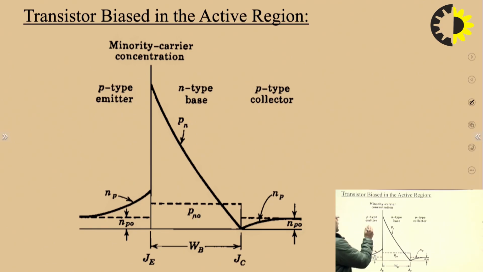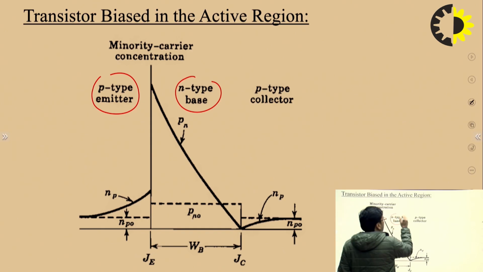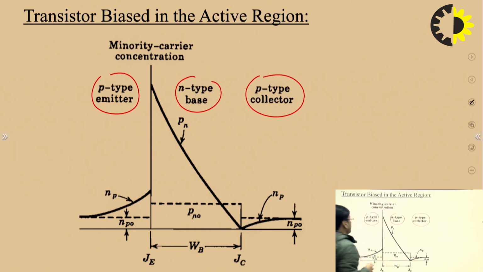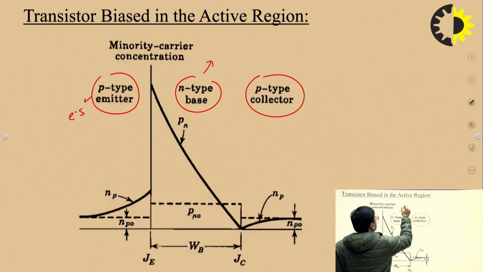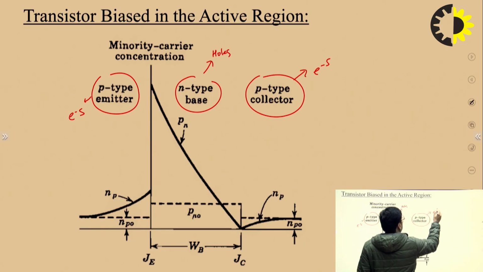Here I am talking about the PNP transistor. This is a PNP transistor, right? So in the P, the minority carriers are electrons. In the N, the minority carriers are holes.